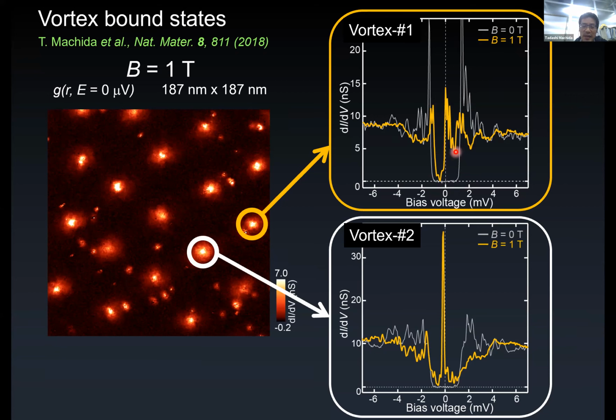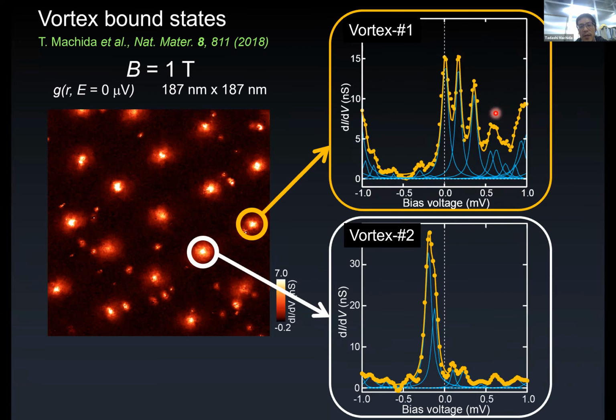vortex bound states. And if we magnify just around the Fermi level, as shown here, the multiple peak structures become more recognizable. Most importantly, at this vortex core, we can see a clear zero energy peak within our experimental resolution, along with the conventional vortex bound states appearing at finite energies.